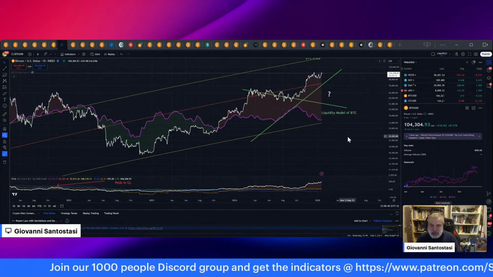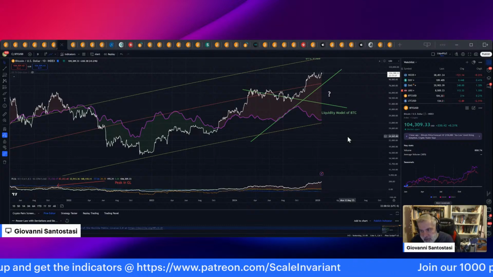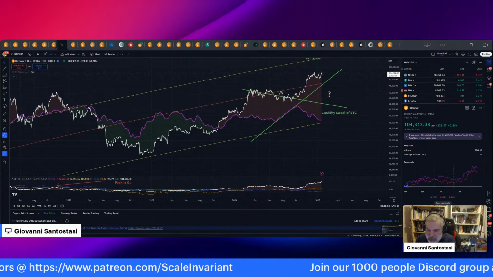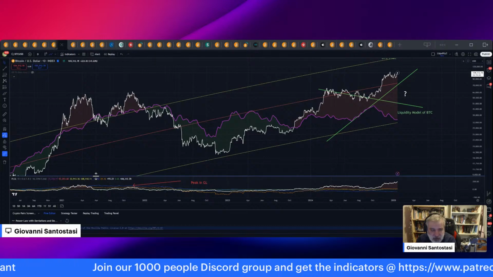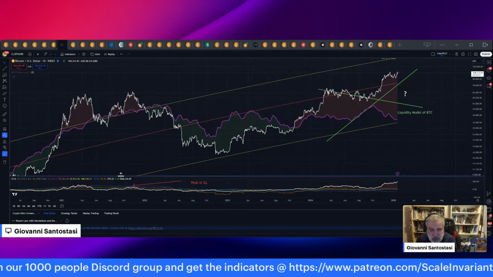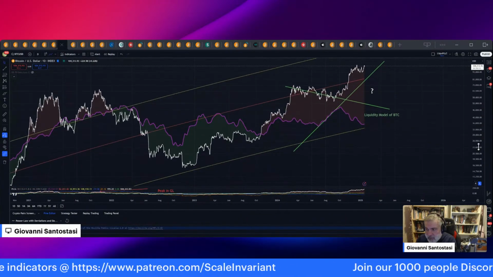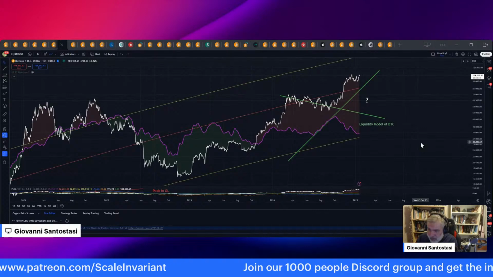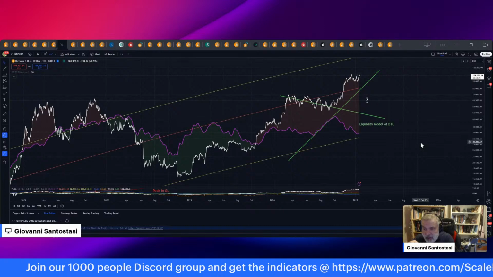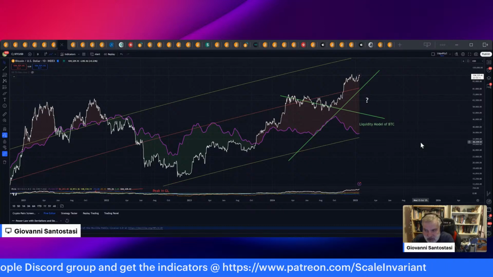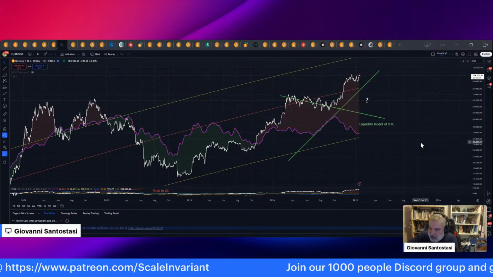This model needs to be taken with a grain of salt, because basically what I did was look at the price, and I took different measures for liquidity, different M2s, but also the Federal Reserve, different measures of money movement around the world, not just the United States, but global. And then the relationship is there because it's a clear line, right? It's a fuzzy line, but it's not all over the place.